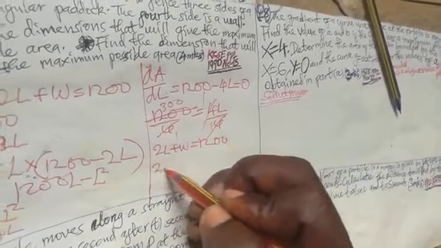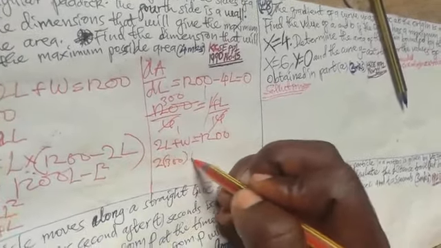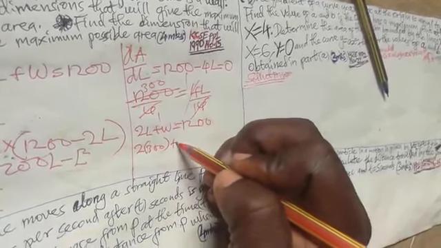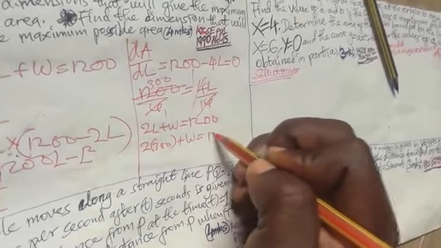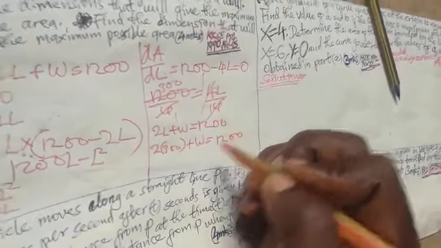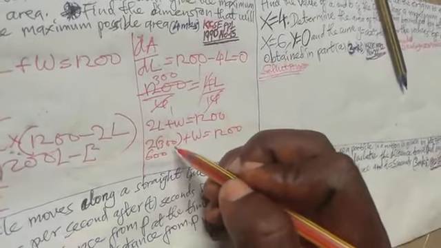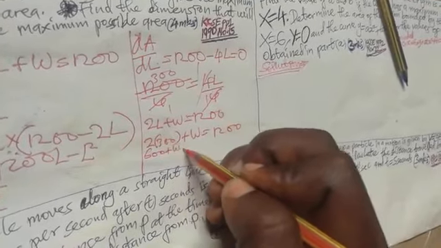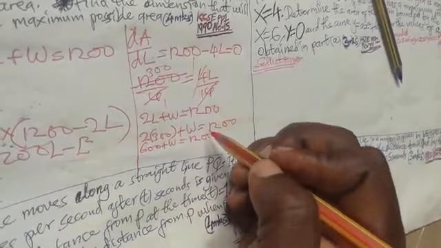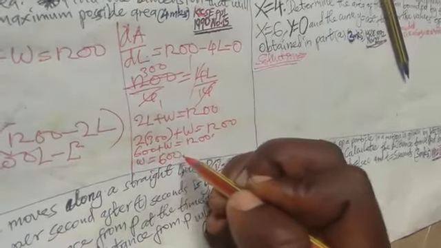Therefore, we say 2 brackets 300 plus W is the same as 1200. 600 plus W is the same as 1200. W is the same as 600.